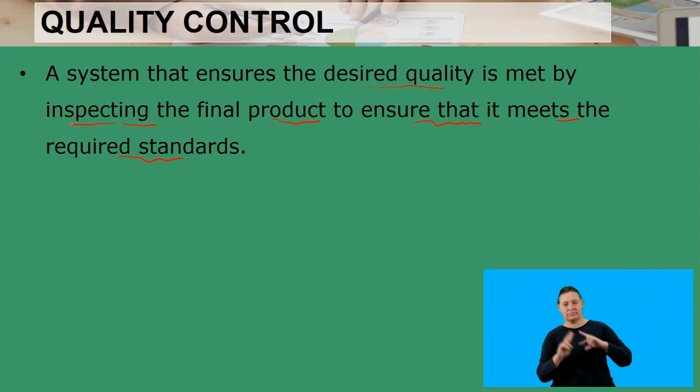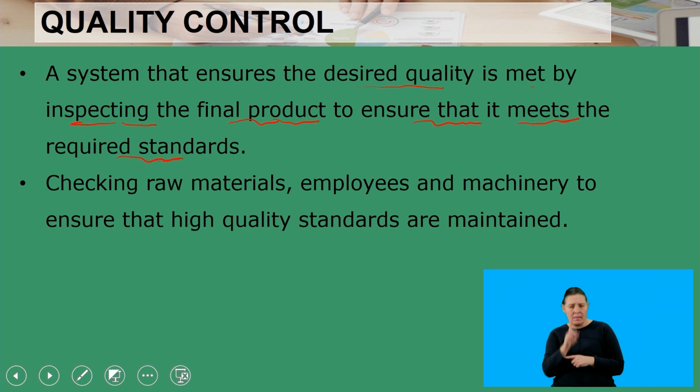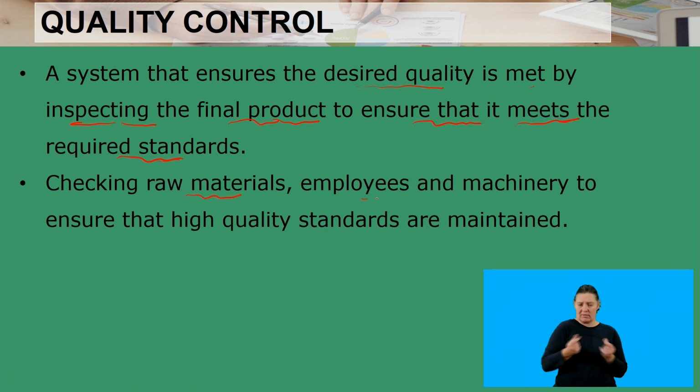After producing, they have to inspect the final product to ensure that it has met the required standards. Moreover, they also have to check their raw materials, employees, and machinery to ensure that high quality standards are maintained. That's another way in which quality control is being done.